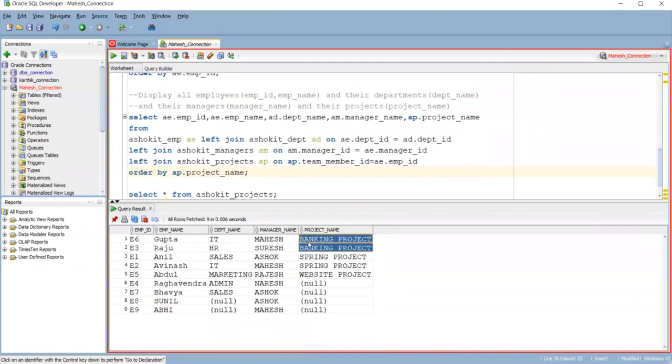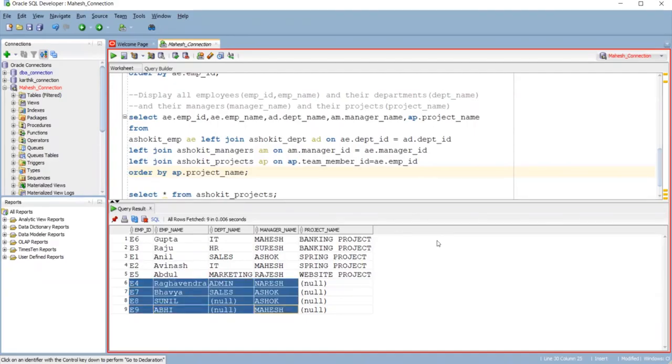So which employees are working with the banking project? E6 and E3 employees are working with the banking project. And E1 and E2 employees are working with the Spring project. And E5 employee is working with the website project. So tell me, which employees are not working on any project? E4, E7, E8, and E9 employees are not working on any projects, sir.